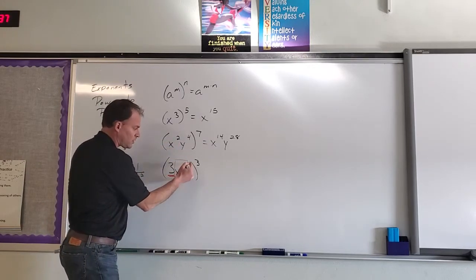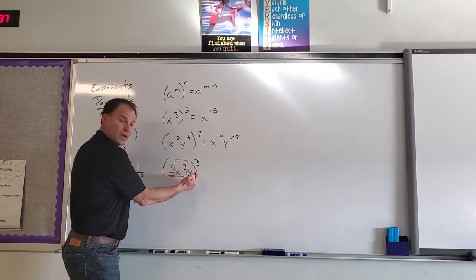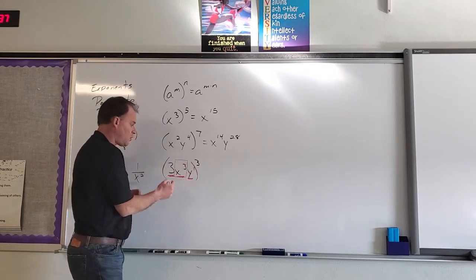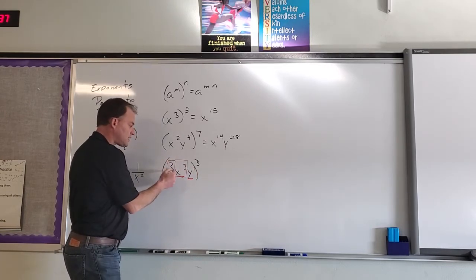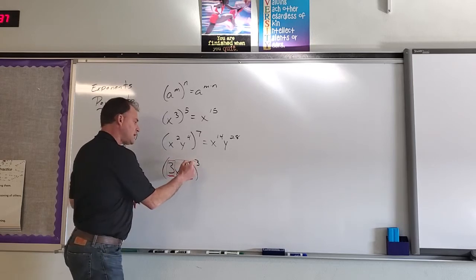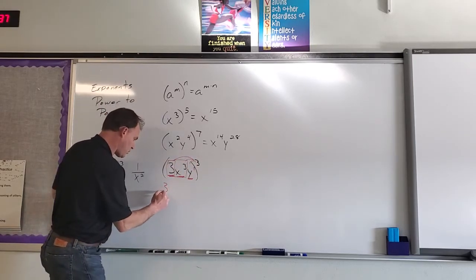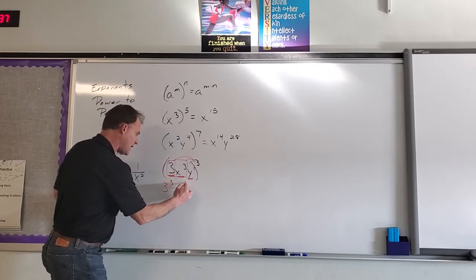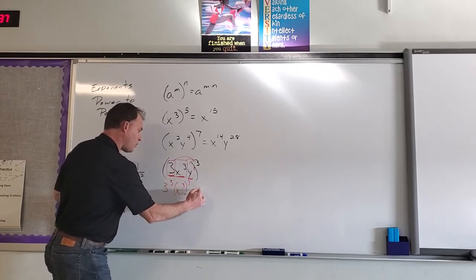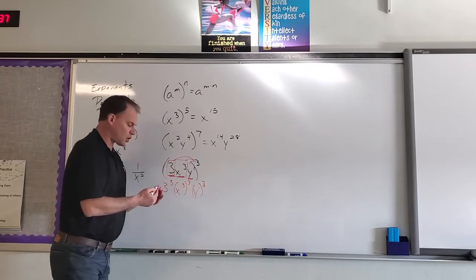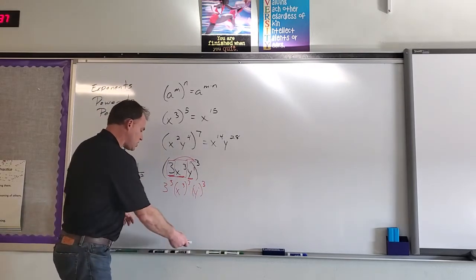This 3 is only on this x. This y has its own exponent. Got that invisible 1 here. The 3 is separate from the x. So this needs to go to all 3 pieces. I need 3 to the third, x to the third, y to the first, to the third. Everything gets taken to the 3rd power.